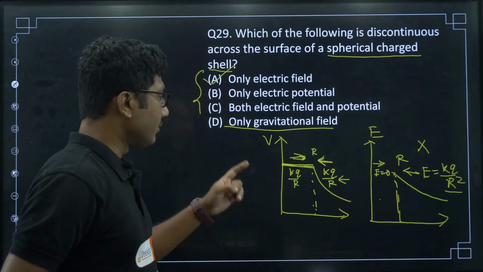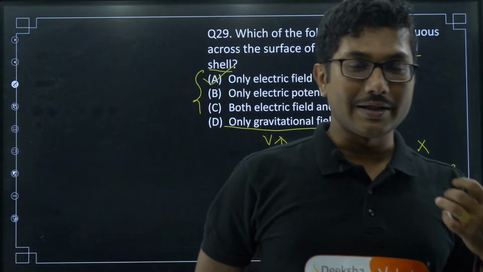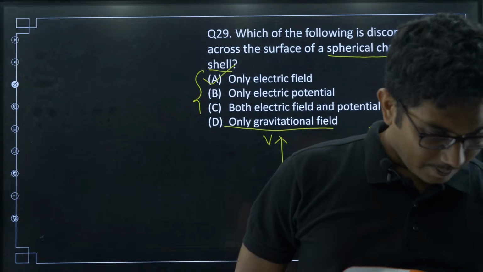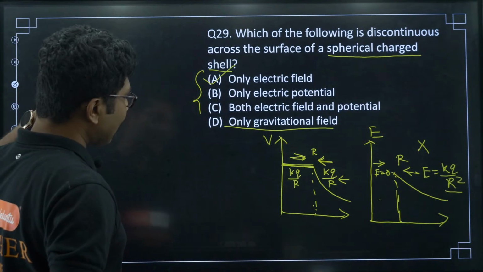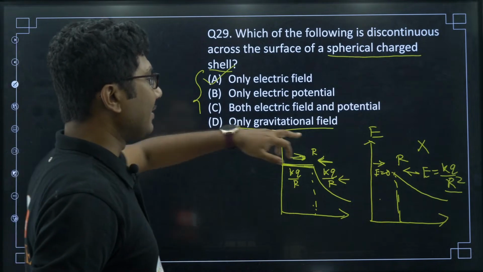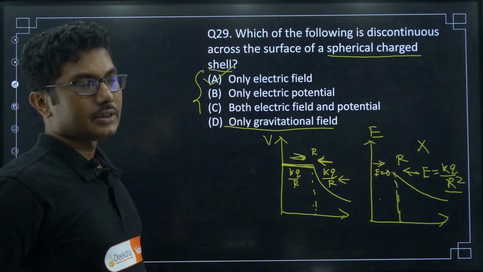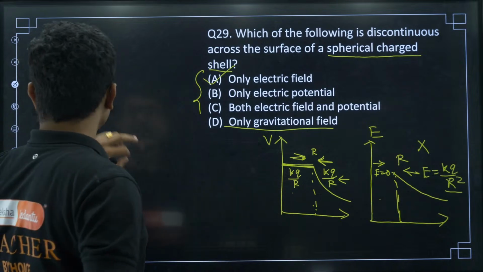You have studied that in the functions chapter. So 29A is the correct answer, because electric field is discontinuous, whereas electric potential is continuous.